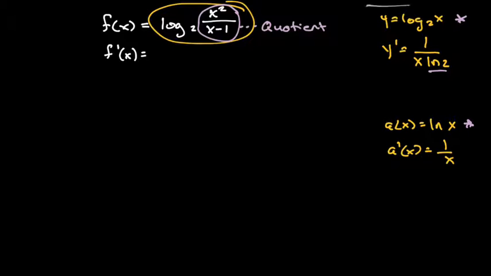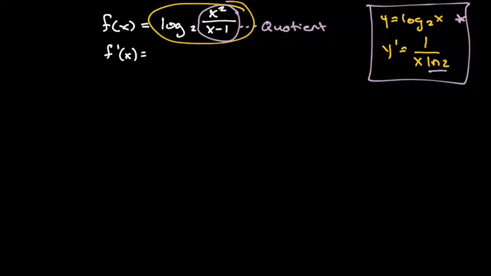So if I know this pattern, I can go ahead and find my derivative over here. If I'm taking the derivative of log base 2, which is all that orange stuff, I'm going to have 1 over everything that was there, because we're covering up all of that inner stuff.